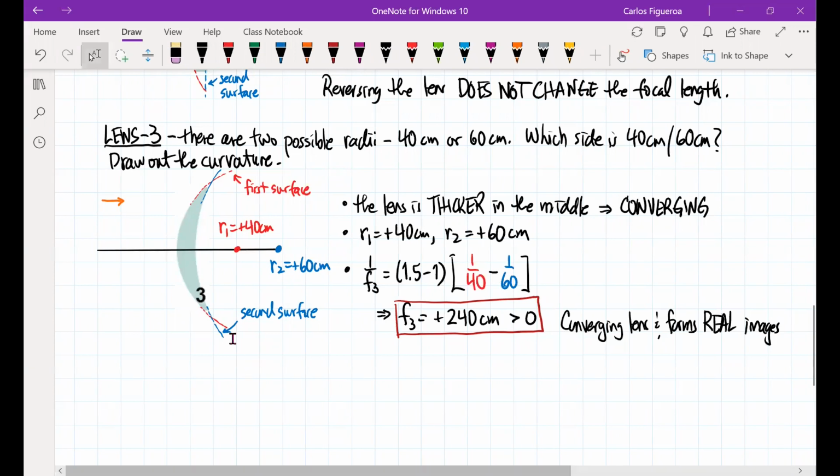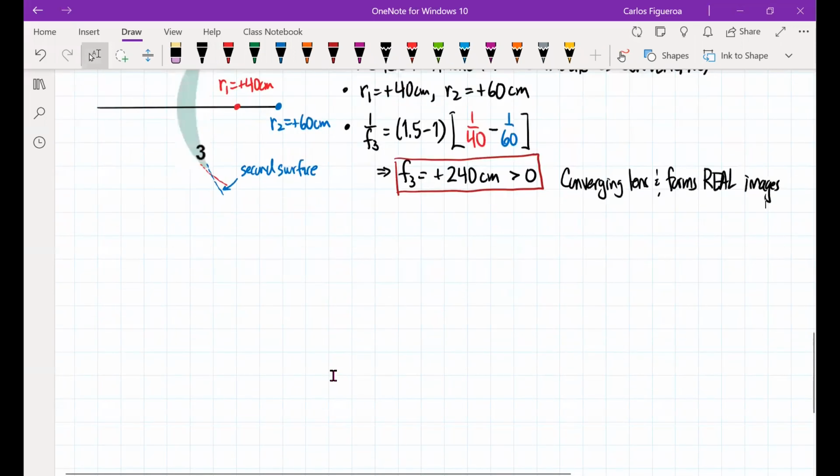So if I look at this thing, I can play the same type of game as we did before.